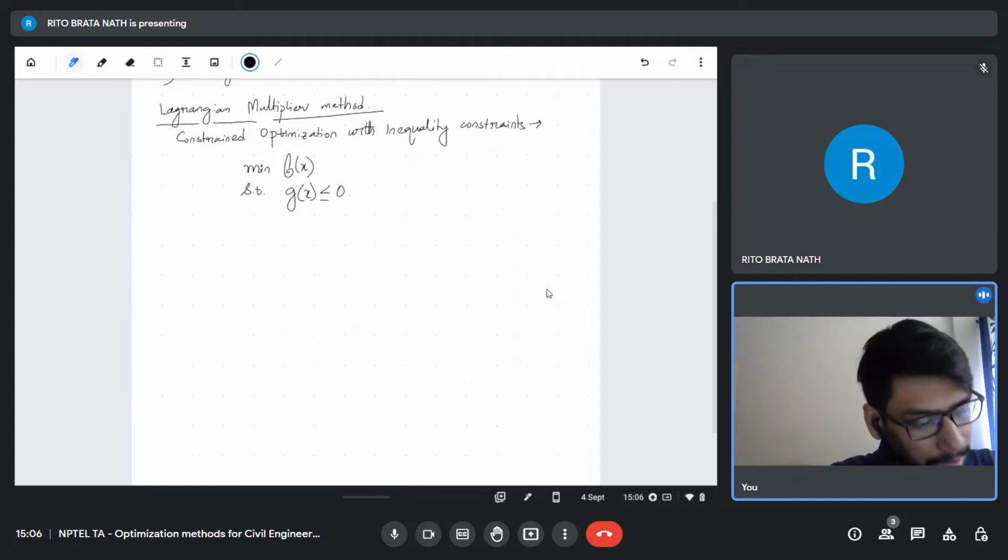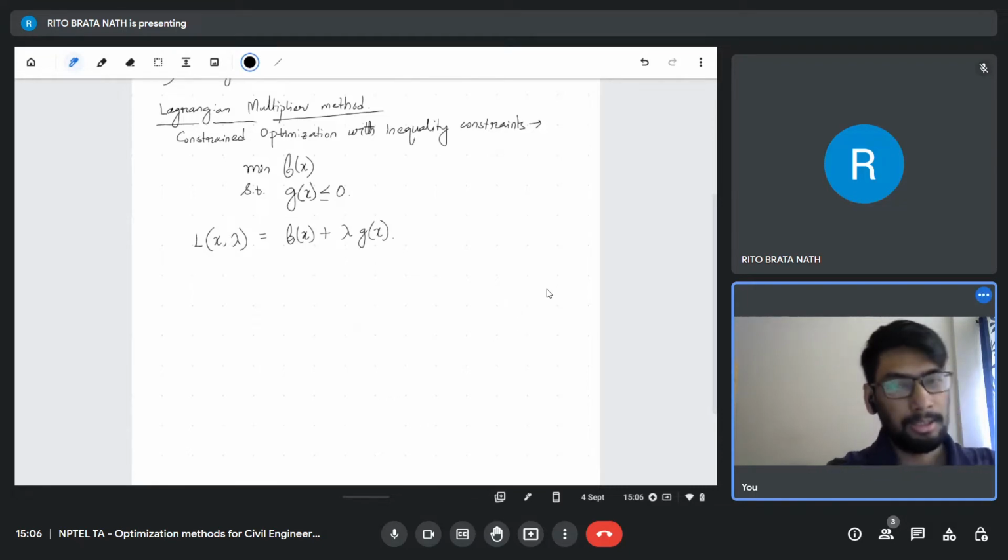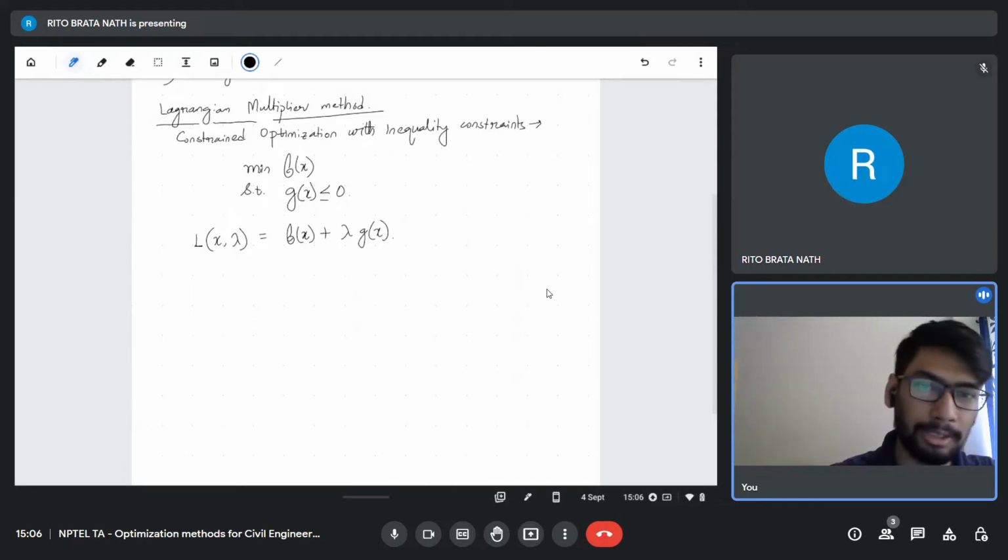You can write the Lagrangian function, which is a function of x and lambda, as f(x) plus lambda times g(x). In the equality constraint setup, we took the partial derivative of this Lagrangian with respect to x and also with respect to lambda and equated it to 0.